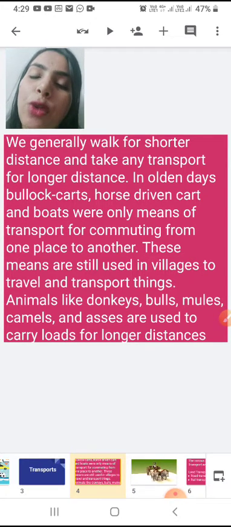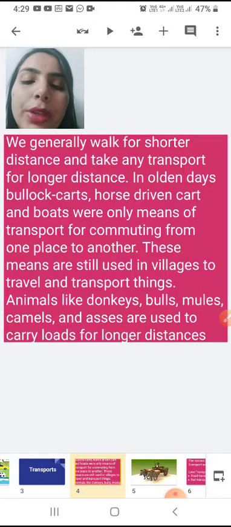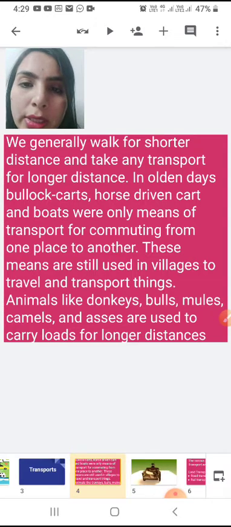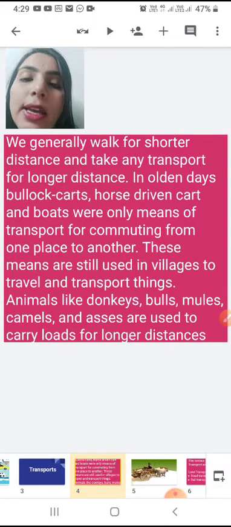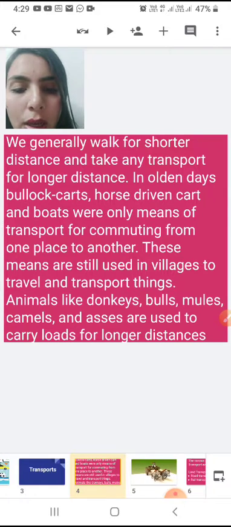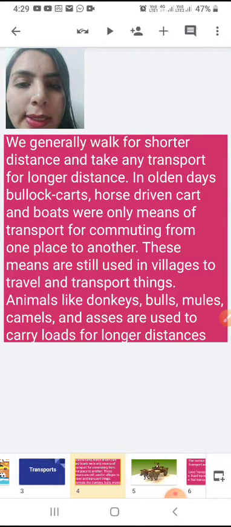That means for traveling from one place to another. These means are still used in villages to travel and transport things. Still nowadays, these means are still used in villages. But in cities or towns, we use different means like scooters, scooties, auto rickshaws, buses, trains.